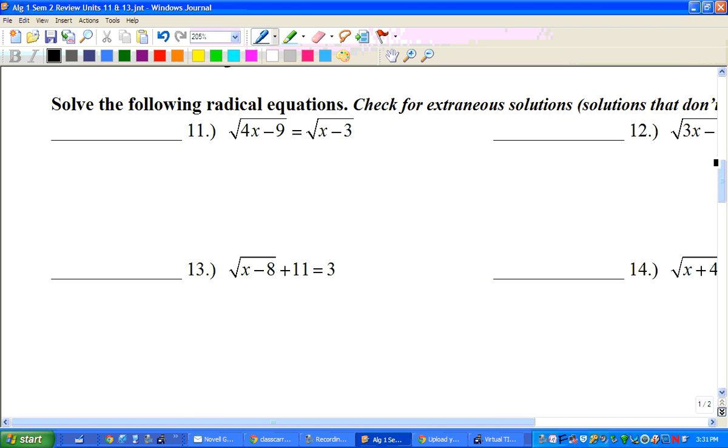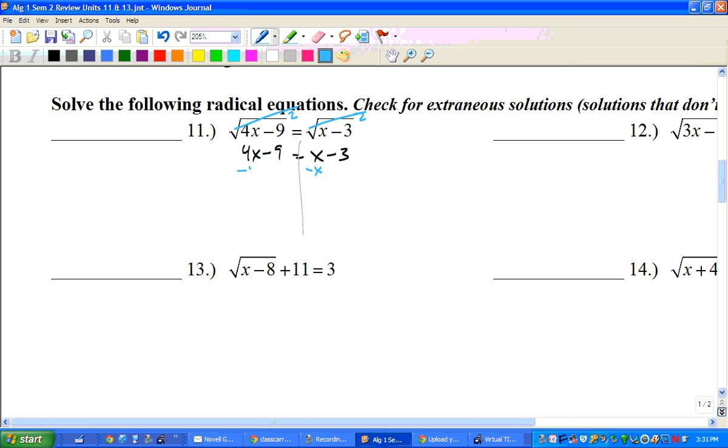Alright, number 11. Now the directions say to solve the following radical equation, so we're doing something a little bit different now, and check for extraneous solutions. Solutions that don't work after we check. Now we've got the square root on both sides, so to get rid of that, we're going to square both sides. And we get 4x minus 9 equals x minus 3.